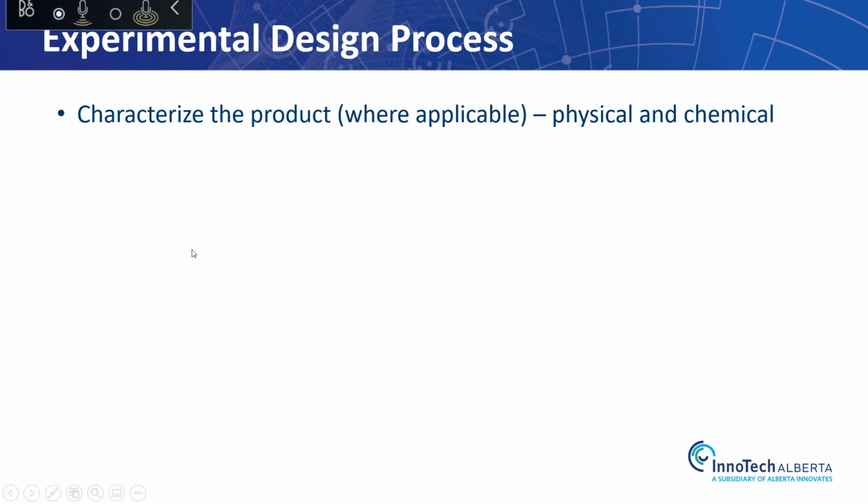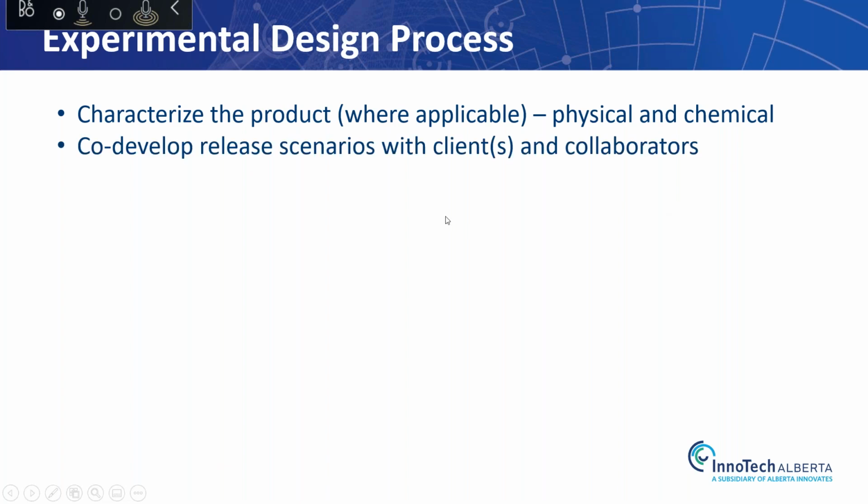What we start by doing is characterizing the product, if it is indeed a product that we're dealing with, so looking at physical and chemical characterization of that. And then really looking at the release scenario, so if it is a release to the environment, or placement in the environment of a certain type of material. We work with clients and collaborators to nail down the scenario and the actual factors that will affect that fate and transport or degradation or behavior.